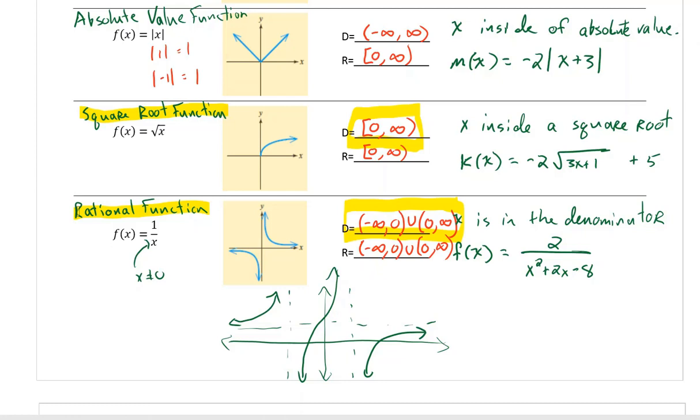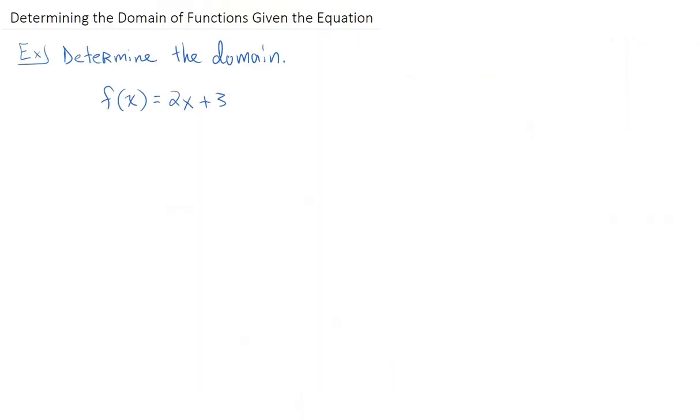So now that we see conceptually which ones are going to be okay and which ones are going to cause some problems, let's do some examples of determining the domain when given the equation. Alright, let's start with this one. Determine the domain of f of x equal to 2x plus 3. When you're faced with one of these problems, the first thing you want to do is ask yourself, what kind of function is this?